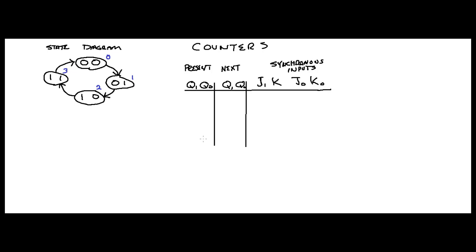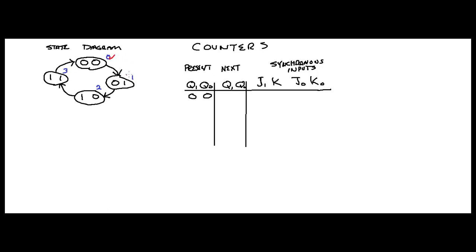Now, we haven't filled it in yet, have we? So let's see our present state. We're going to start from 0, 0. If we look over here, we're starting right there at 0.